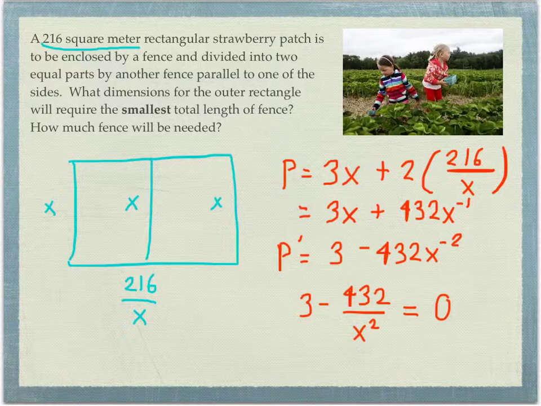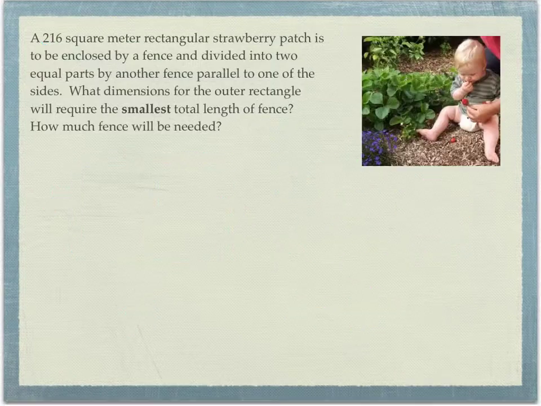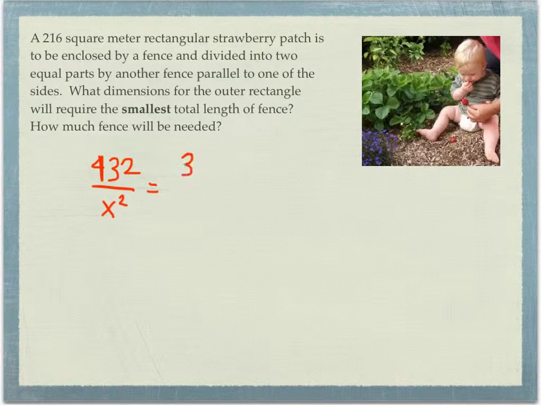Now I'm going to go on to another slide so I have a little bit more room to keep working. So now I'm going to rewrite that a little bit. I'm going to get that 3 over to the other side, so I have 432 over x squared equals 3.